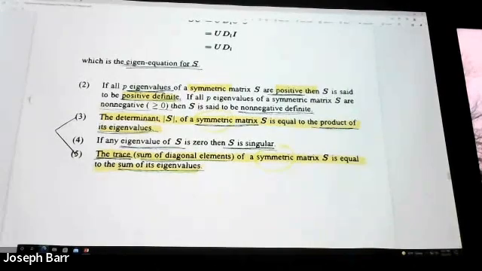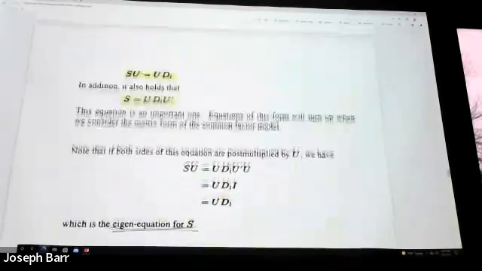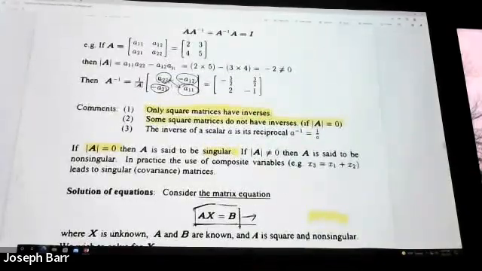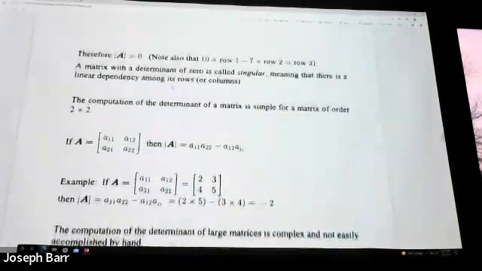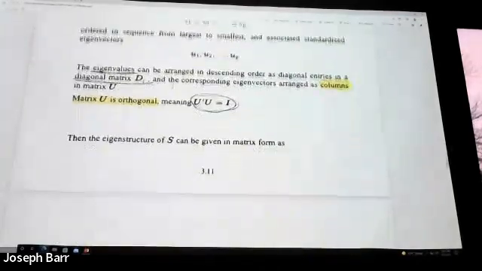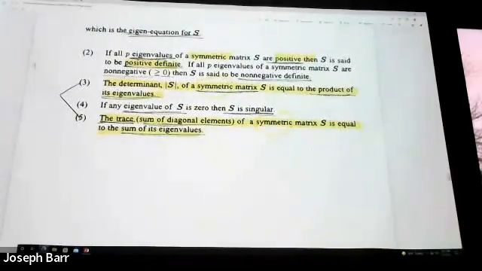And the determinant. I showed you a simple case to calculate the determinant, but I said the general form is not so easy. But if you have those eigenvalues, the problem becomes much simpler. You only need to get the product of all eigenvalues, and that is the determinant of that matrix.